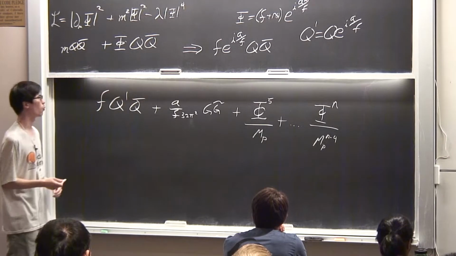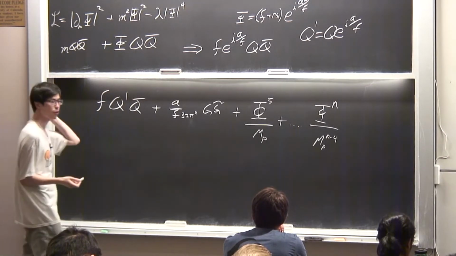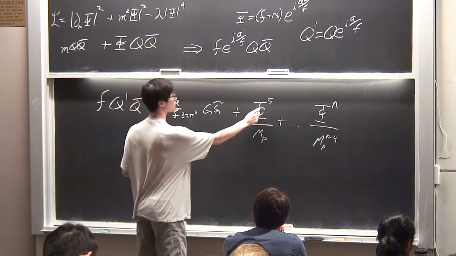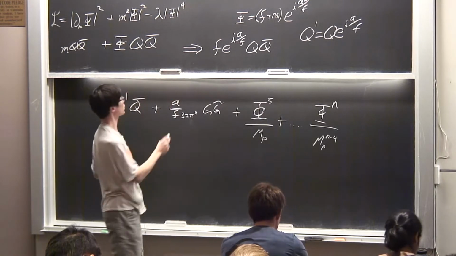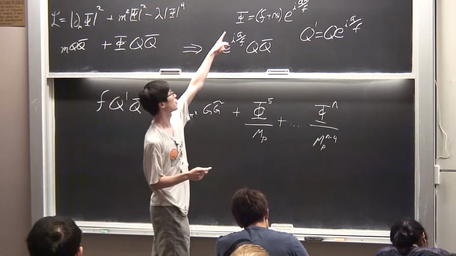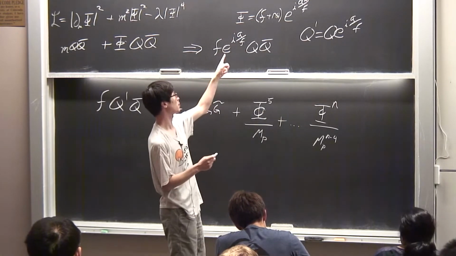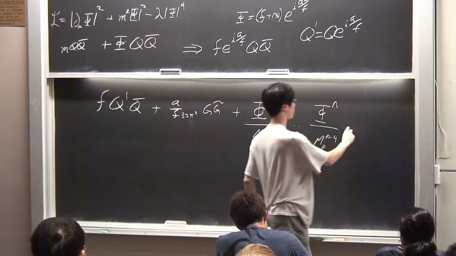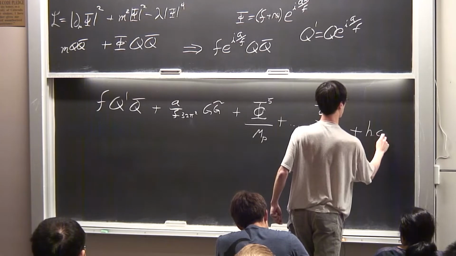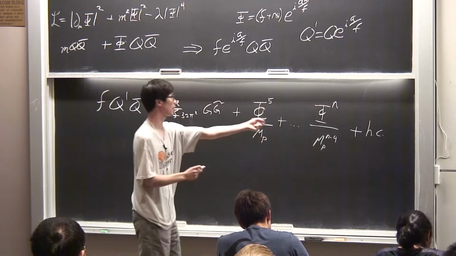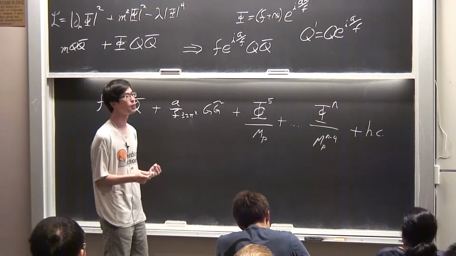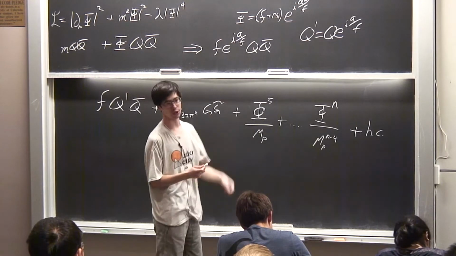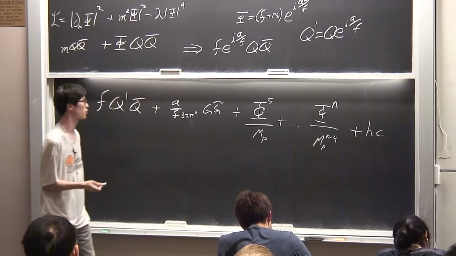OK, so why are these a problem? The reason is that because they don't respect the U(1) symmetry, if you put in φ = f e^(ia/f) and add the Hermitian conjugate, we have to do that, these turn into cosine potentials. Adding the Hermitian conjugate takes the real part, and the real part of an exponential is the cosine.